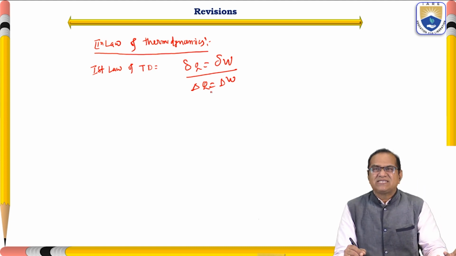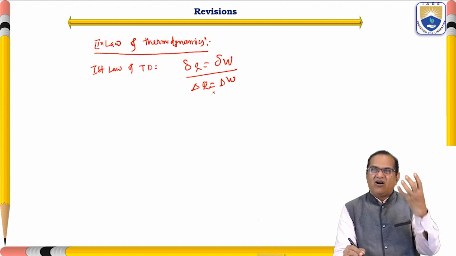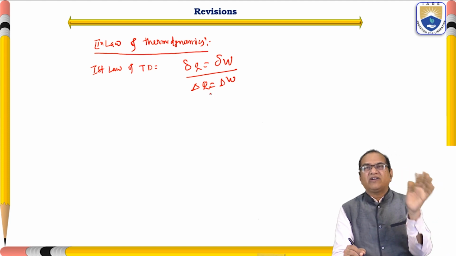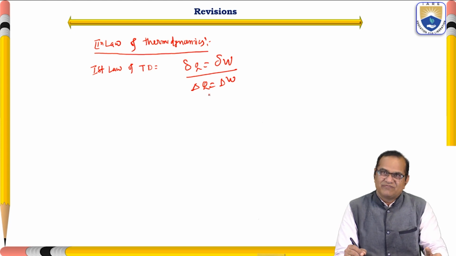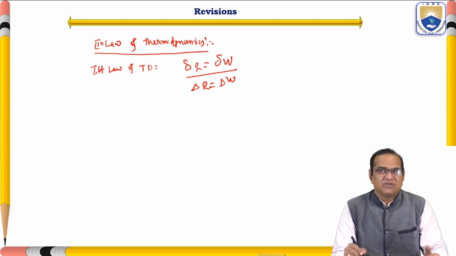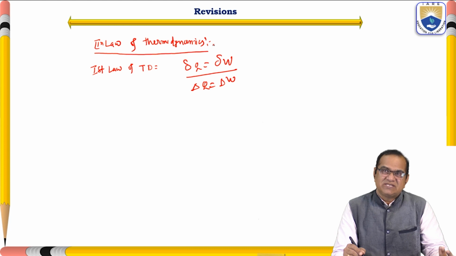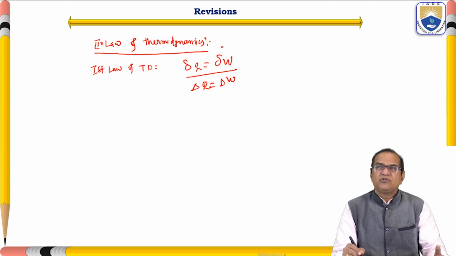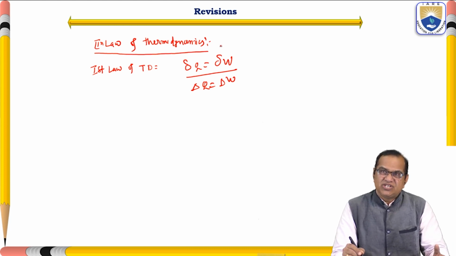But in the real sense, this never happens. Whatever heat you give, 100% of the heat will not convert to 100% work. In this case, the second law of thermodynamics was investigated by Kelvin and Planck. They told that if you take any reversible engine, there may not be 100% conversion, but there will be some losses.